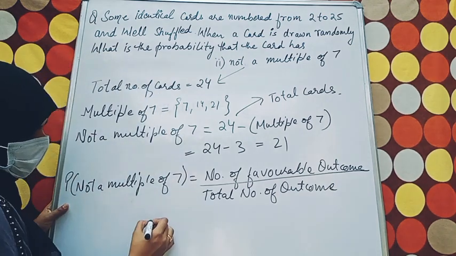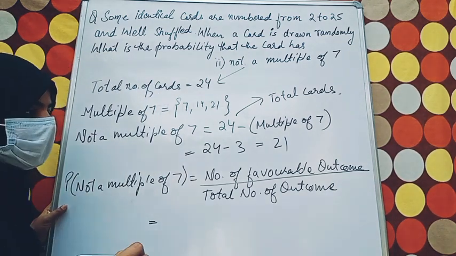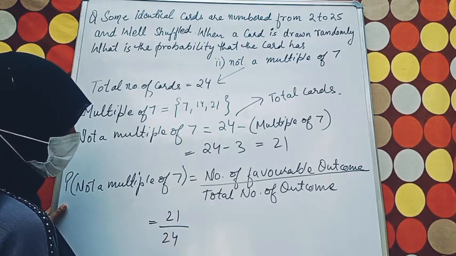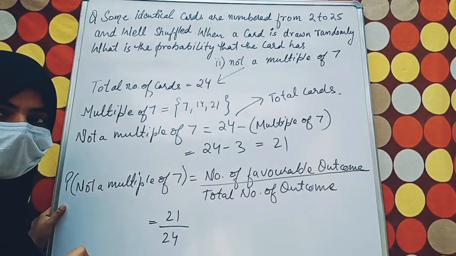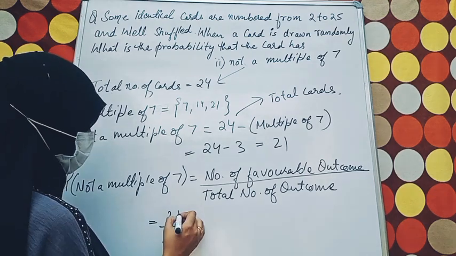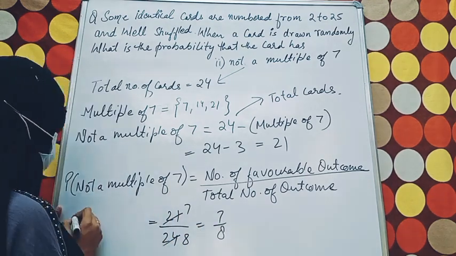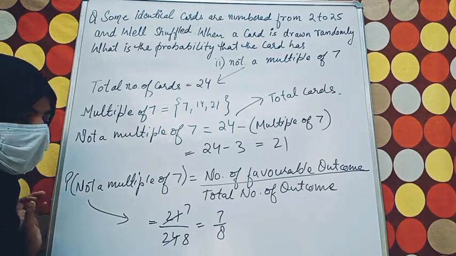Okay. Number of favorable outcomes is 21. Total number of outcomes is 24. It can be cancelled. Yes, it can be cancelled by the table of 3. Here will come 7. Here will come 8. So 7 upon 8 is the probability of what? Not a multiple of 7.